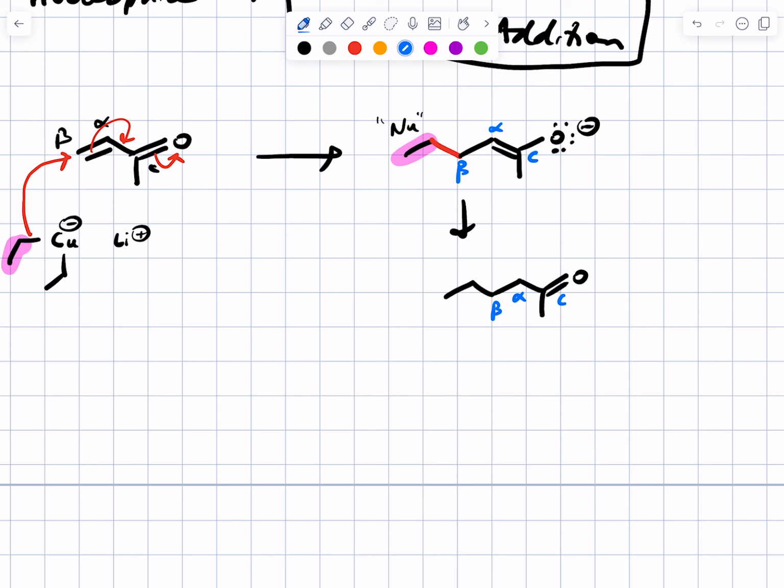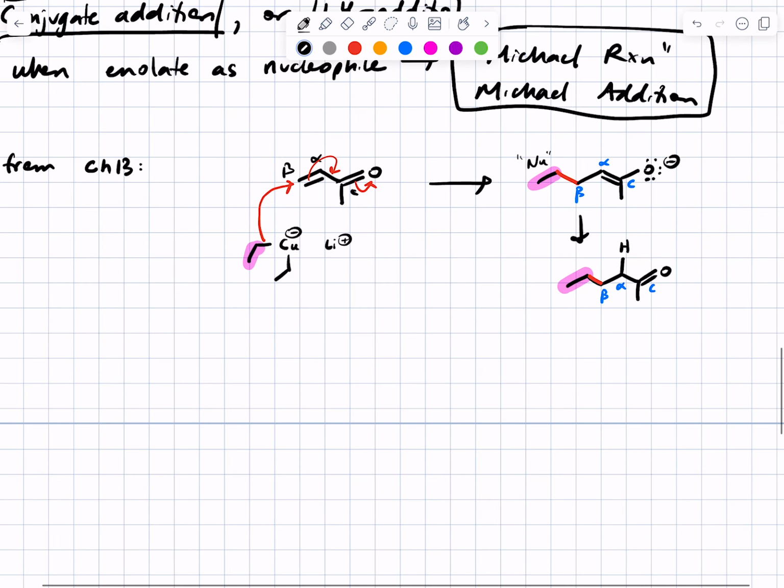So the product of conjugate addition, as I said, has a nucleophile attached to the beta carbon, and you're basically trading this carbon-carbon pi bond for a new carbon-carbon sigma bond and another carbon-hydrogen sigma bond, if you're thinking about what's present in the product that wasn't in the starting material.